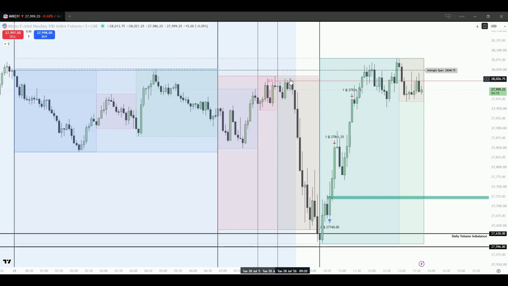One, two, three attempts to go through here, failing, and then we have a massive drop starting at 9:20 and going all the way until 10:15, when the manipulation cycle ends and the distribution cycle begins.